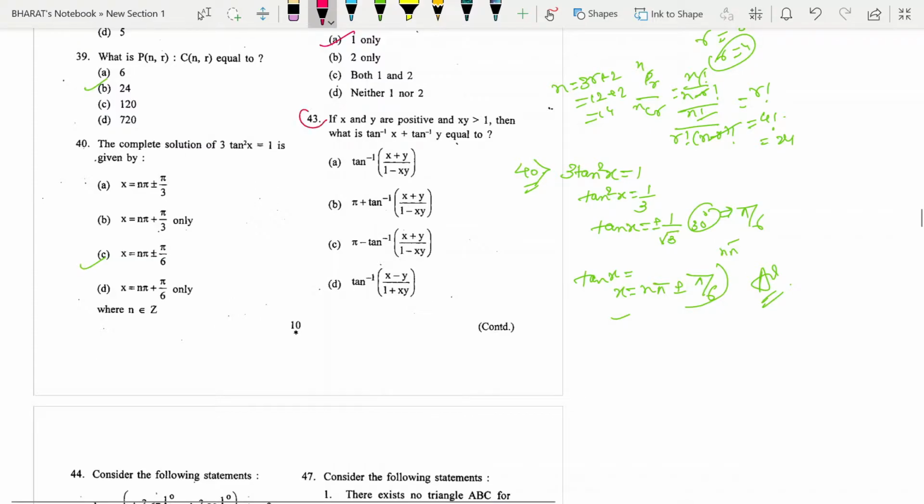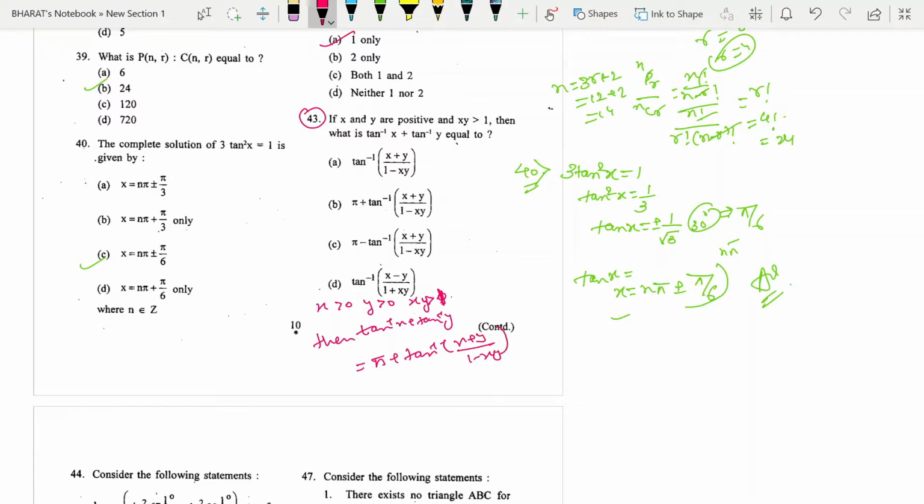Now moving to question number 43. What it is asking is, x and y are positive and xy is greater than 1, then what is tan inverse x plus tan inverse y? If you have learned this in your 12th syllabus, if x is greater than 0, y is greater than 0, and xy is greater than 1, then the formula of tan inverse x plus tan inverse y is equal to pi plus tan inverse of (x plus y) upon (1 minus xy).